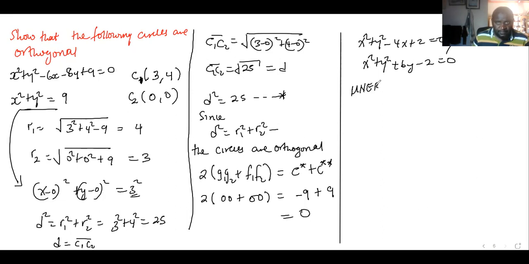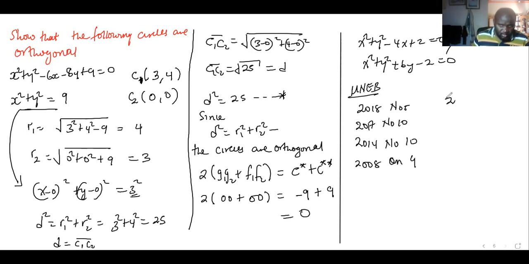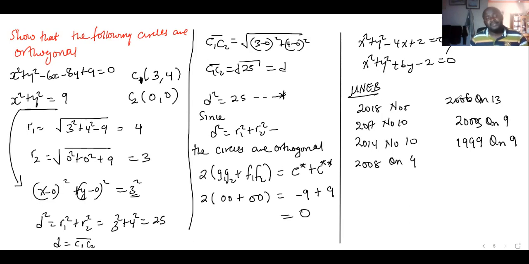UNEB 2018, number 5. 2017, number 10. 2014, number 10. 28, question 9. 26, question 13. 25, question 9. 1999, question 9.